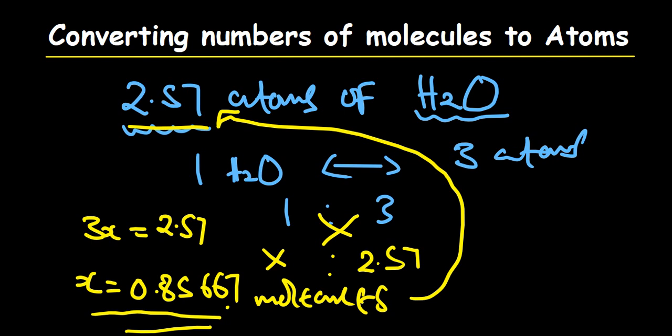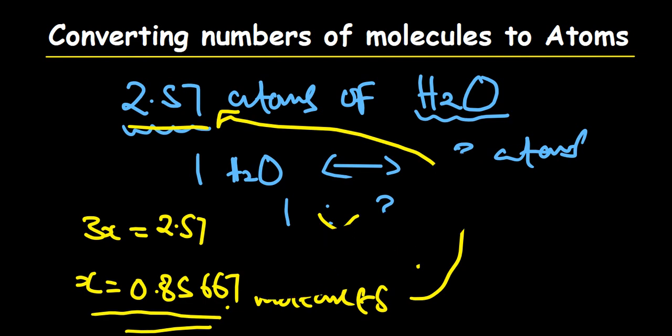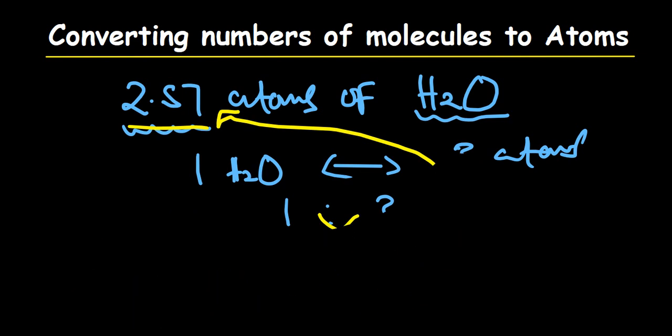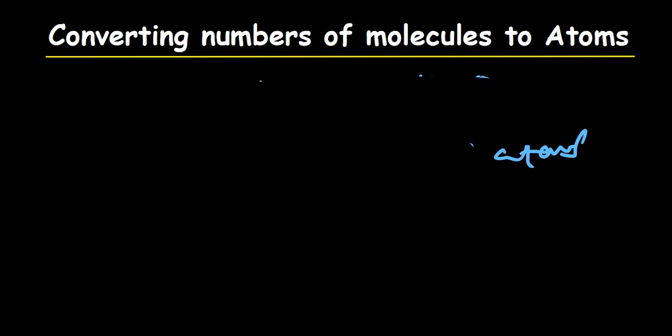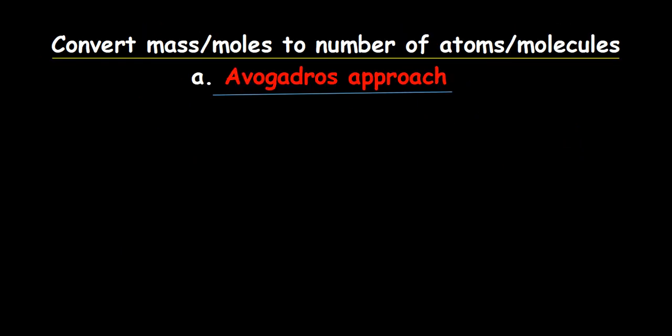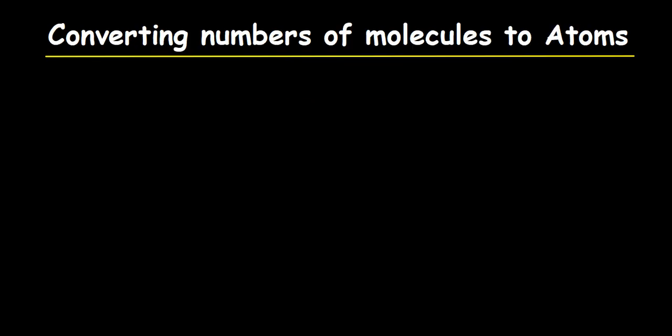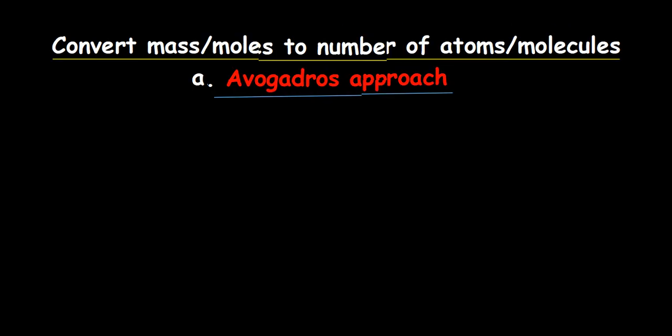So I'll move on now to those two methods that we said, of converting the mass to the number of atoms, or the number of atoms to the mass. Let's look at this one here. We are saying convert mass or moles to number of atoms or molecules using the Avogadro's what?